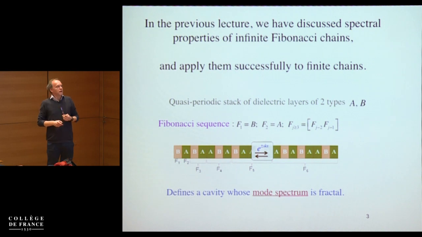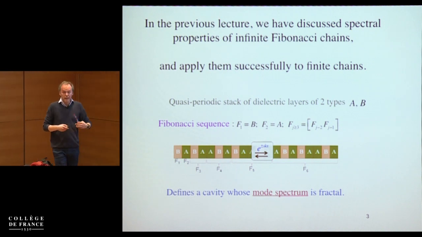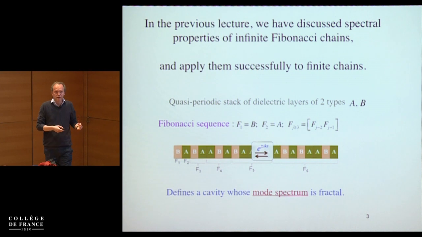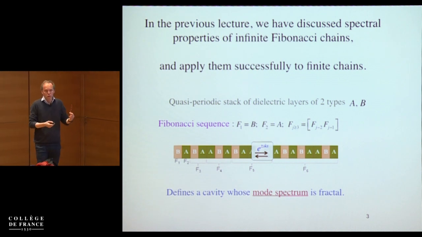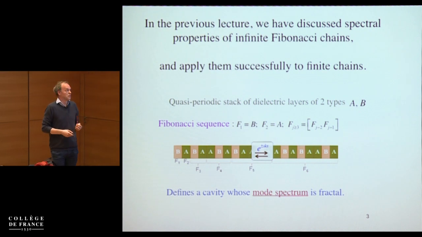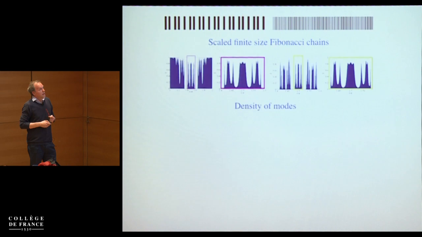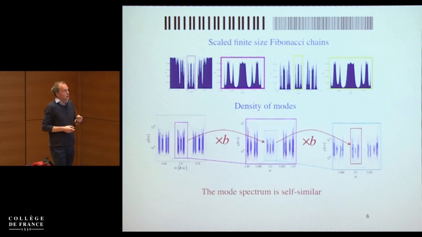Like this, we build a cavity, and in this dielectric cavity there are modes that could exist, and the mode spectrum of this system is fractal. If you look at different Fibonacci chains which are scaled, with different numbers of letters, then you see that the density of modes indeed has this self-similar type of structure.